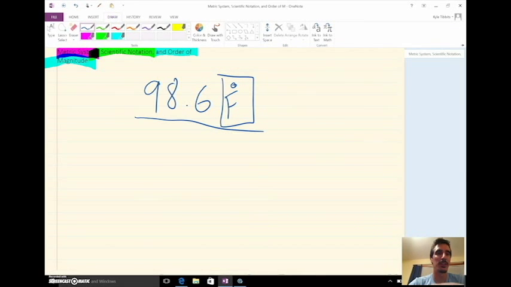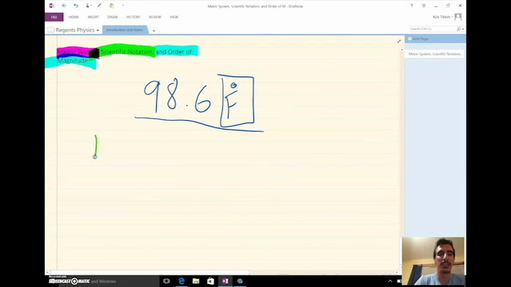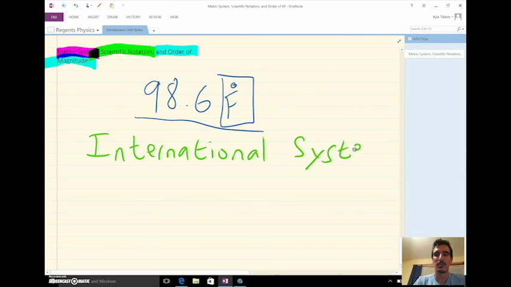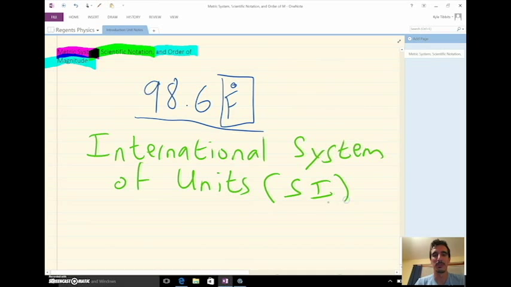So the first thing we're going to look at is the International System of Units, or the SI units, System International. This is also known as the metric system.